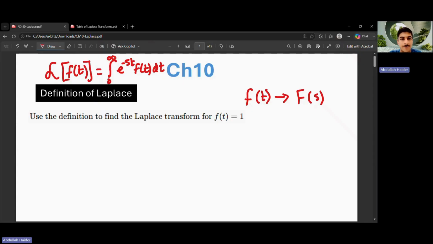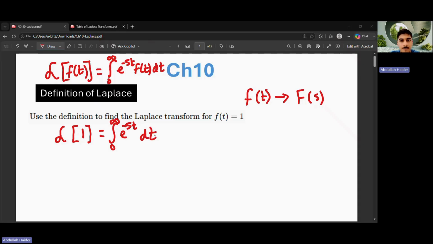So we want to find the Laplace transform for f of t equals 1. So what we can say is Laplace of 1 is equal to the integral from 0 to infinity of e power minus st, and f of t is 1, so times 1, e power minus st dt.